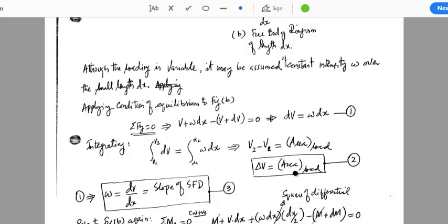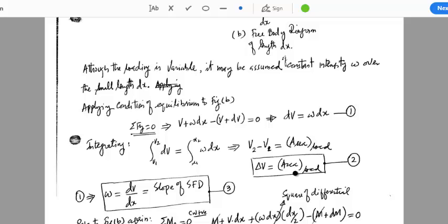Now what does this actually mean? It will become clearer when we solve the numerical problems. Whenever we need to calculate the change in shear between two points, we will see how much is the area of the load diagram between those two points, and that area will define the change in shear.